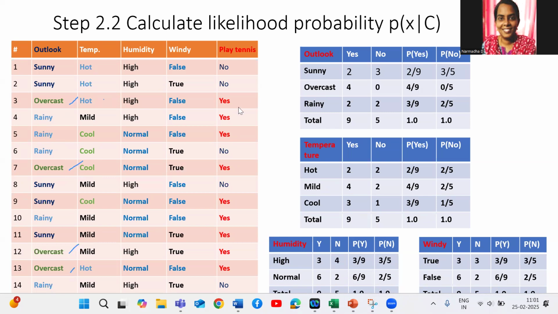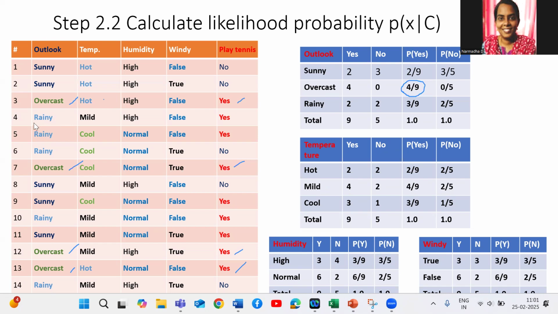So all 4 days, if you observe, they have gone out and played. So the probability of yes has become 4 by 9 and the probability of no has become 0 by 5.